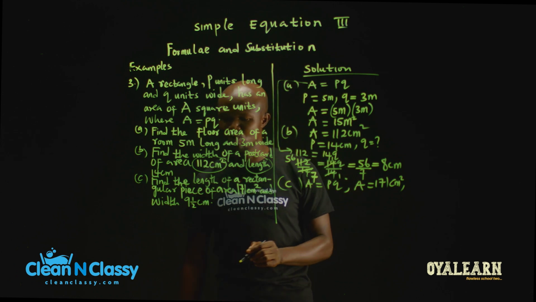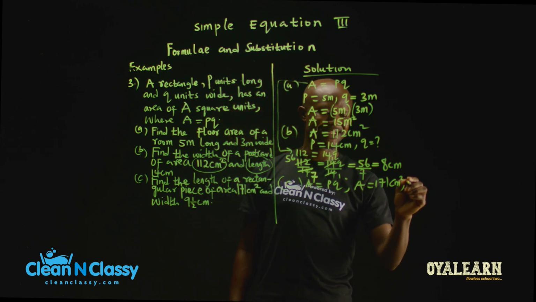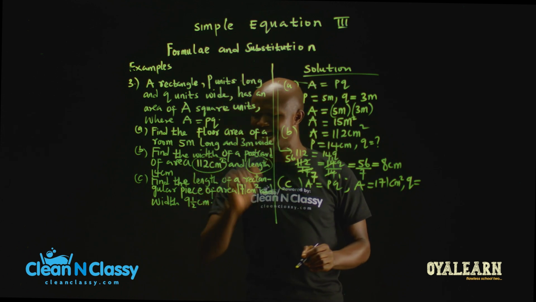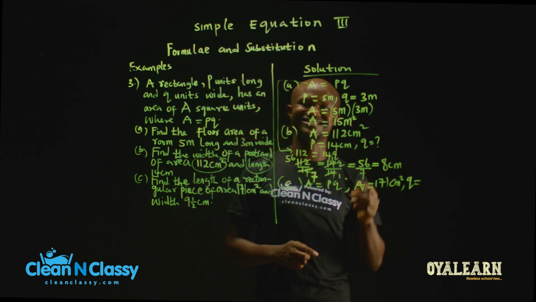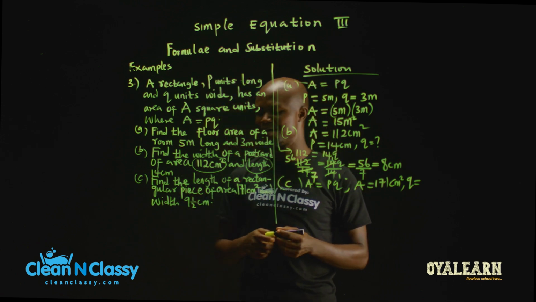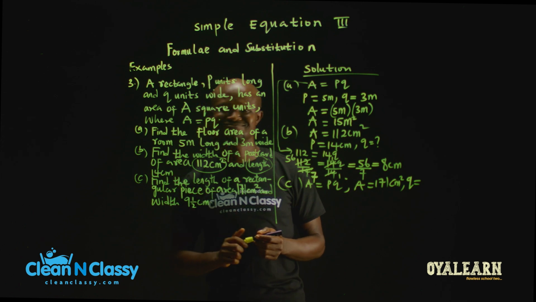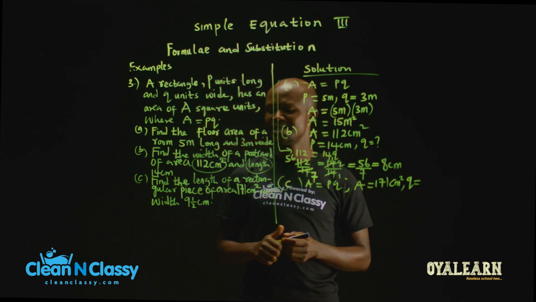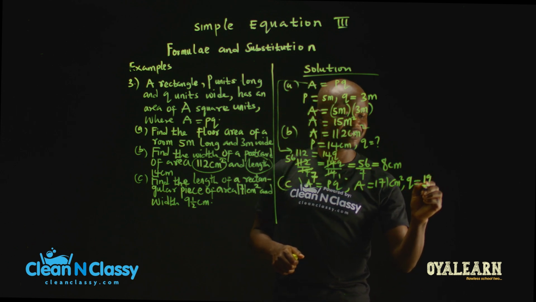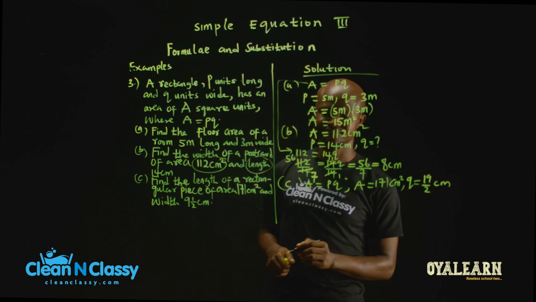And what is the value of the width, which represents Q? Q equals 9.5. Let's convert 9.5 from a mixed number to an improper fraction. 2 times 9 is 18, 18 plus 1 is 19. So we have 19 divided by 2 centimeters.